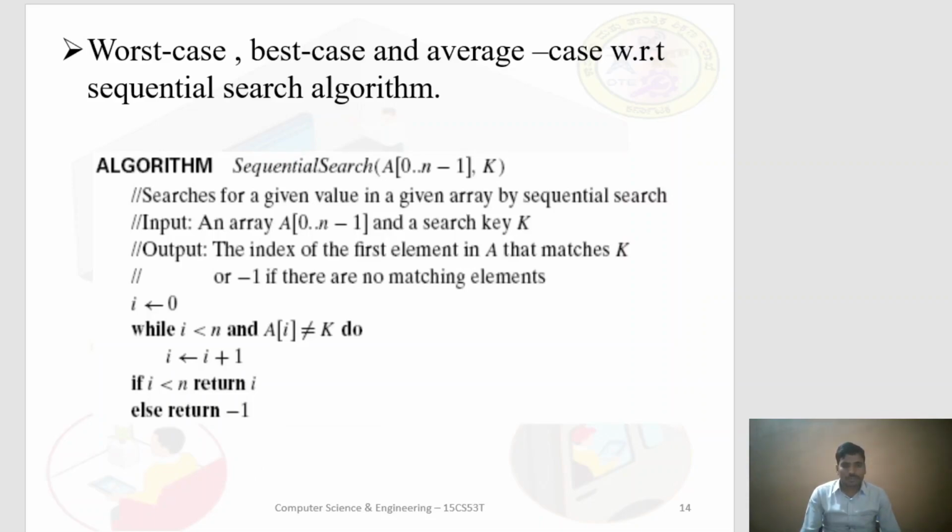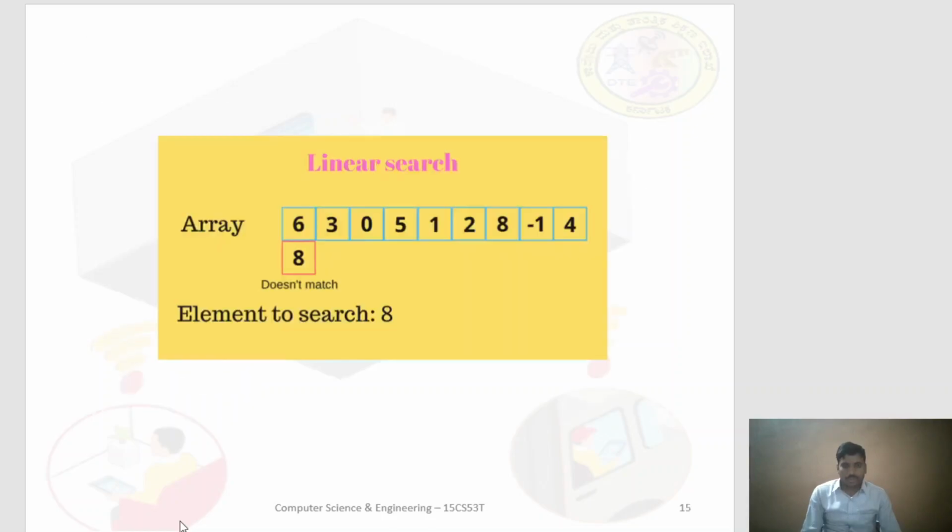Okay students. So here is one example. Given array is, what are the elements of the given array? 6, 3, 0, 5, 1, 2, 8, minus 1 and 4. And what is the search key? That is 8.